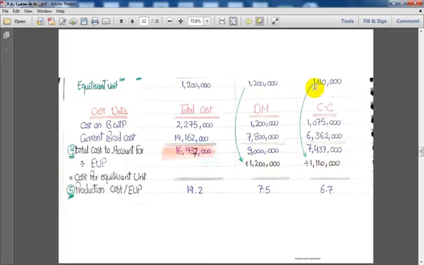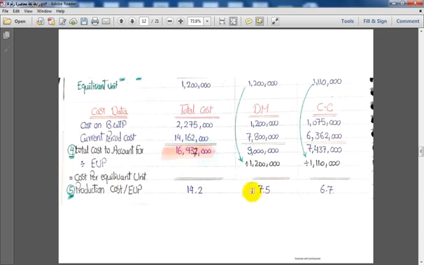Step number 5, cost per equivalent unit. The cost per equivalent unit of direct material equal 7.5. For conversion cost equal 6.7.